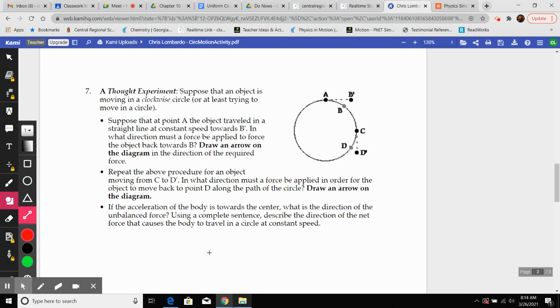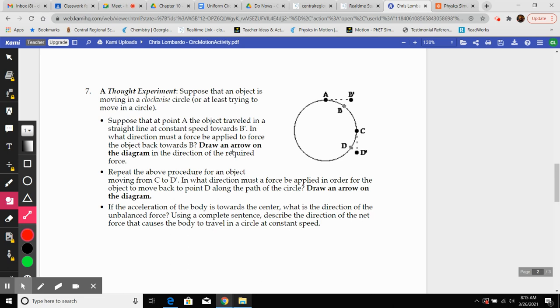So now for 7, suppose an object is trying to move clockwise in a circle, or at least trying to move in a circle. Suppose at point A, the object traveled in a straight line at a constant speed towards B prime. In what direction must a force be applied on the object to get it to go back towards B?